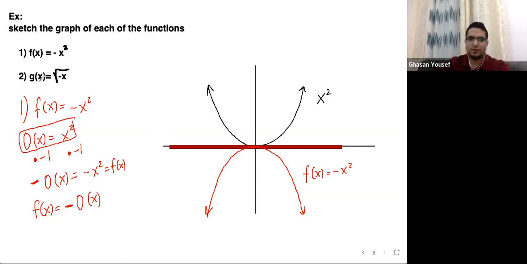For the second one, g of x equals square root of minus x. Who will do the second one? g of x equal square root of minus x.